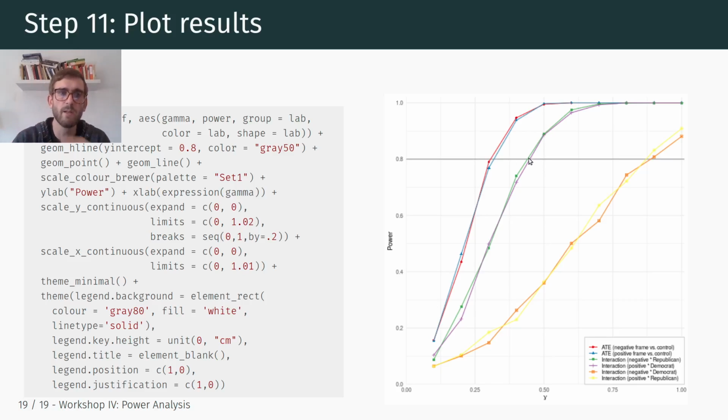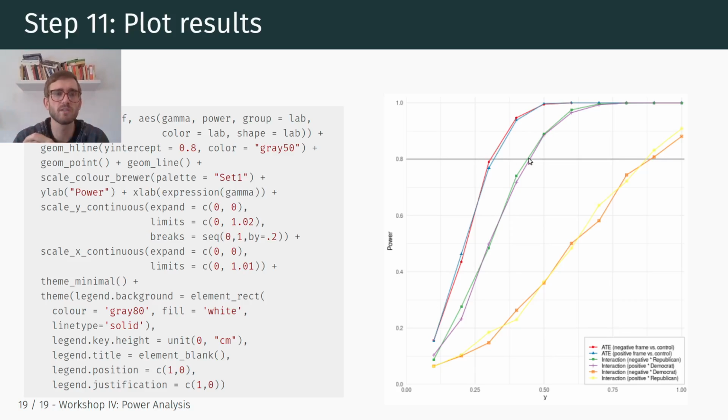0.45. Okay, so if the effect of the treatment basically shifts people's attitudes about 50% of the difference in the evaluation of the administration between independents and Democrats or independents and Republicans, then we have 80% power.